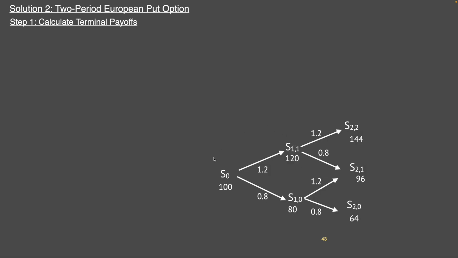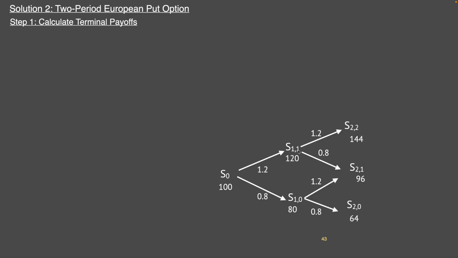Now we will calculate the terminal payoffs. This is the binomial tree which we just calculated in our previous slide. When the initial stock price is 100 and u is 1.2, you get the up move value S11 as 120. When the same moves down by 20%, that is 100 into 0.8, it becomes 80.